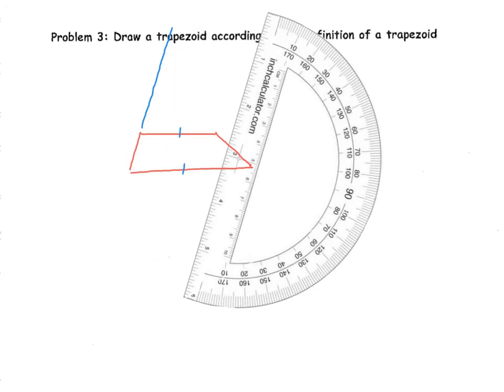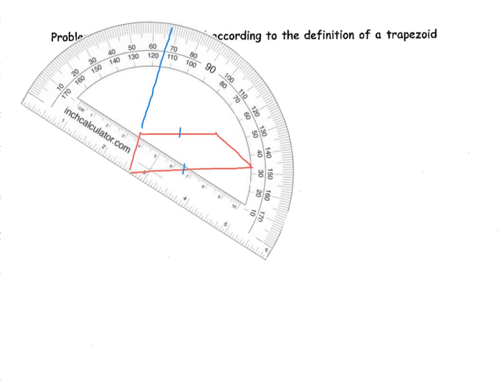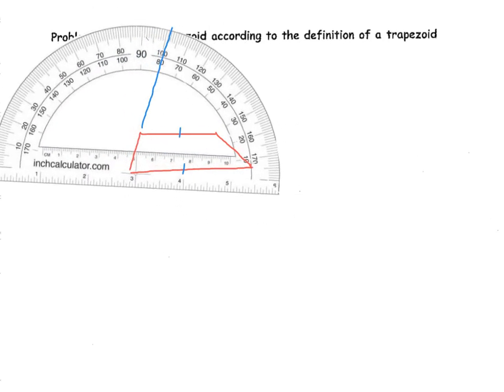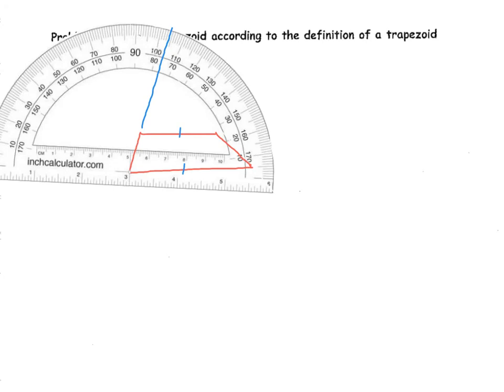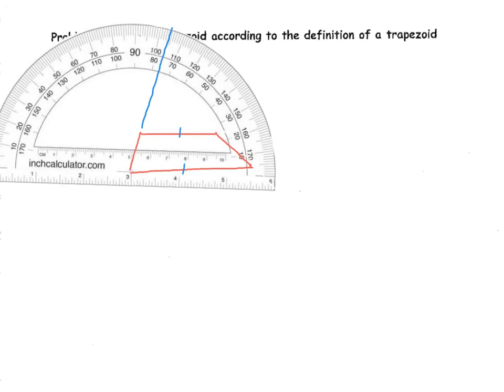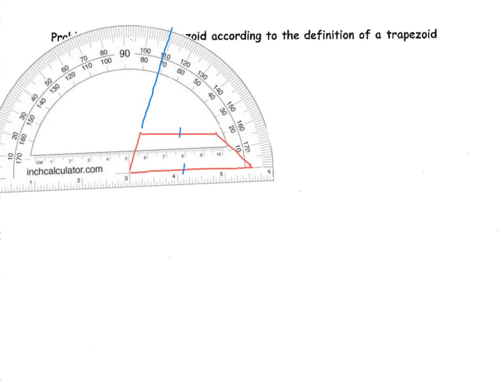So just like I had talked before, I'm going to put the corner right in that little circle. Then I need to make sure that I'm lined up with this little line that's right there, as well as over here. So now I'm going to read the angle. So notice the angle goes from here to there.